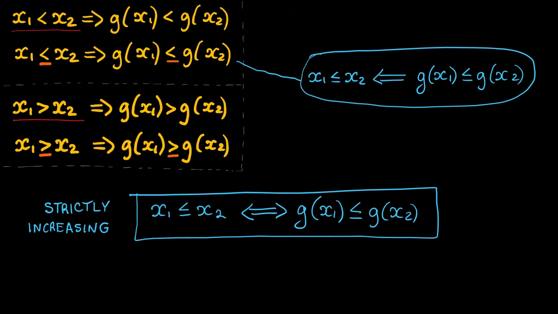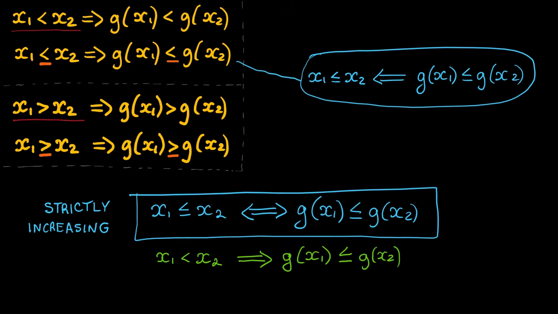We mentioned that this if and only if statement can be taken as the definition of a strictly increasing function. Let's briefly differentiate it from a non-decreasing function. For a non-decreasing function, if x1 is strictly less than x2, that implies that this function will map to g of x1 and g of x2, and these will be such that g of x1 is allowed to be strictly less, but also equal to g of x2.